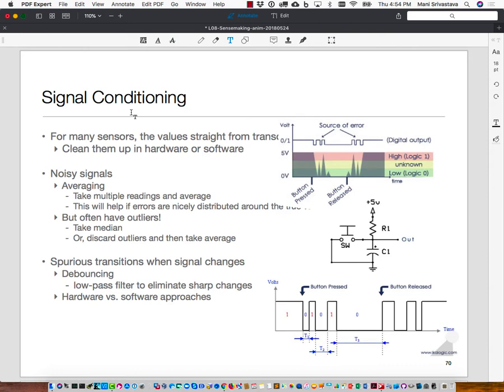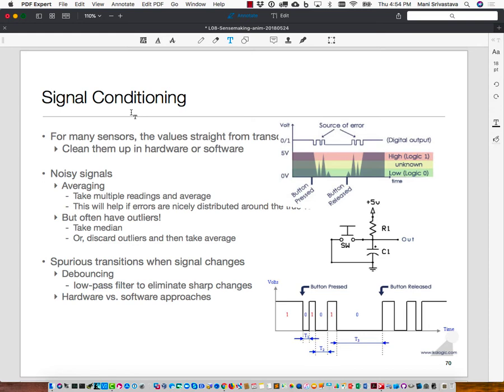In this particular case, when you press the switch, the capacitor is shorted out, and so basically the charge across the cap is zero. Now the problem with this mechanical switch is that when you press it, it's a mechanical device, so it doesn't make a clean touch. It may vibrate a little bit.